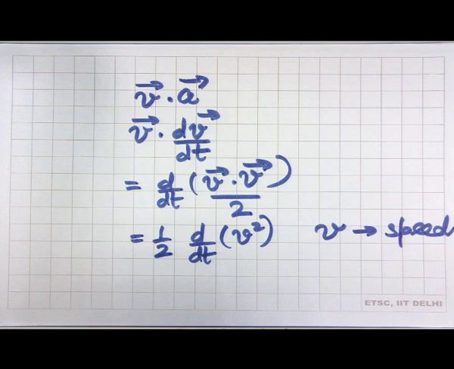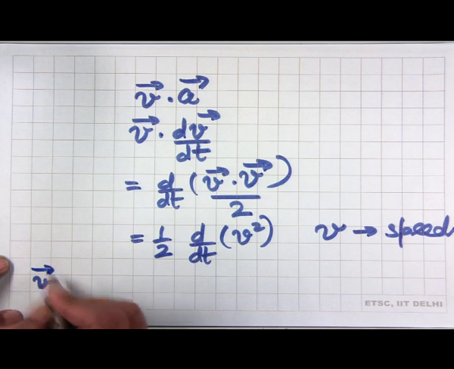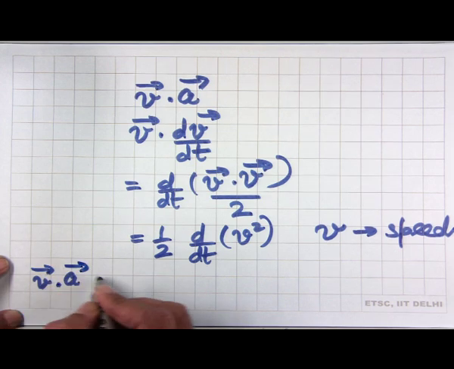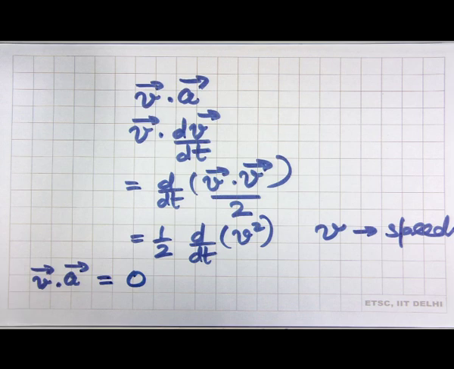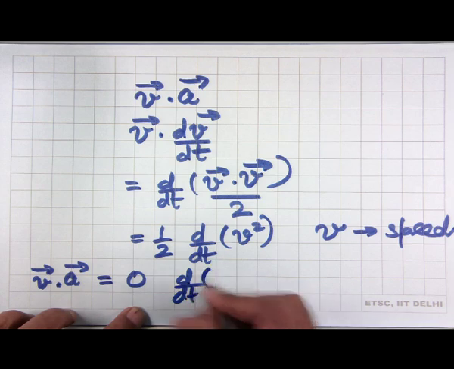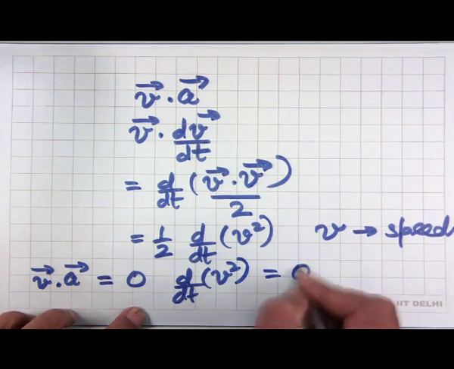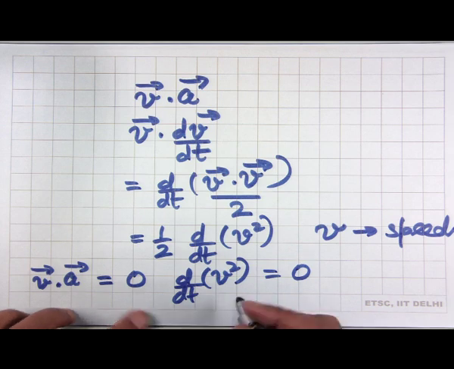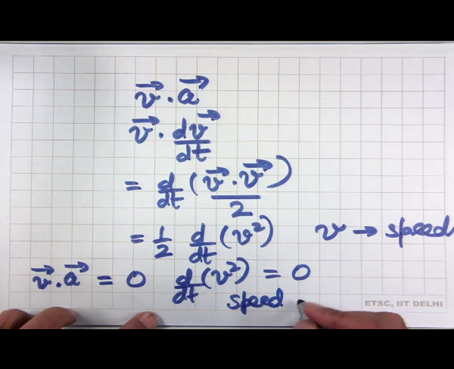So now from here what we can see is, if we look at this quantity v dot a, if this is equal to 0, that means d by dt of v square is 0. So the physical meaning of that is that speed is not changing with time.